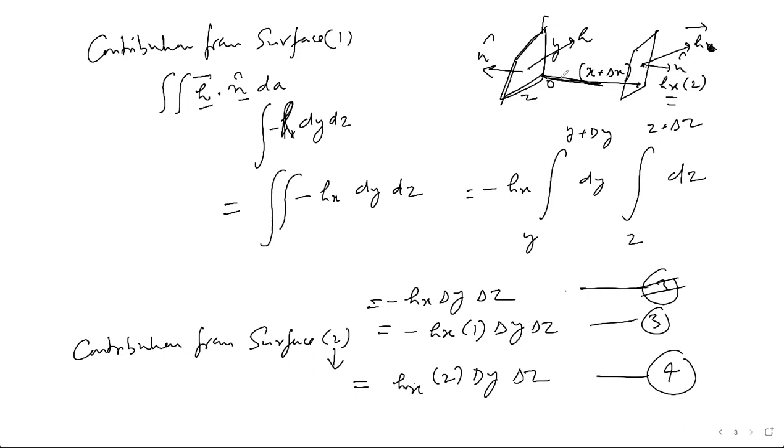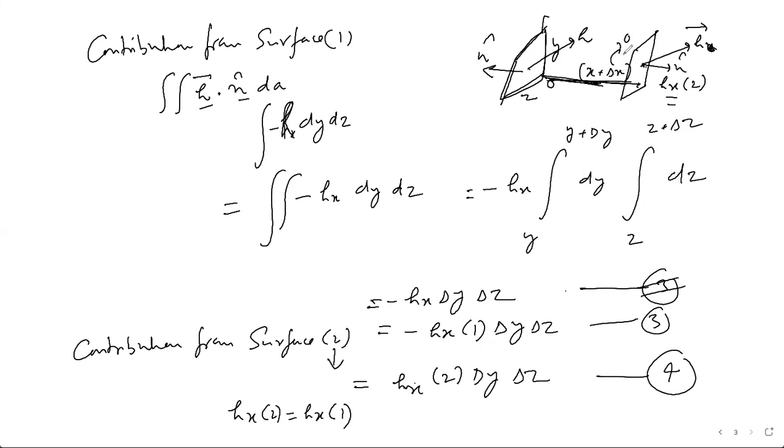The only difference is that delta x, a small displacement, separates moving from one point to another. Since delta x is very small, can I write hx2 and hx1 to be equal? I can write this to be equal in the limit when delta x goes to 0. They should just coincide, right?